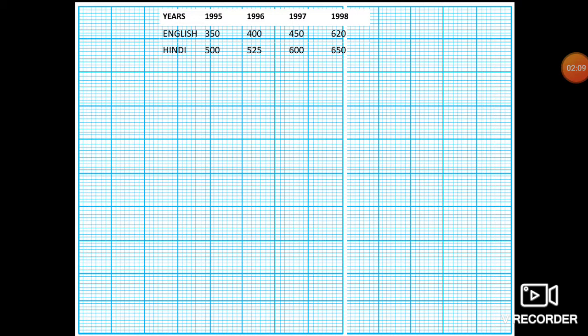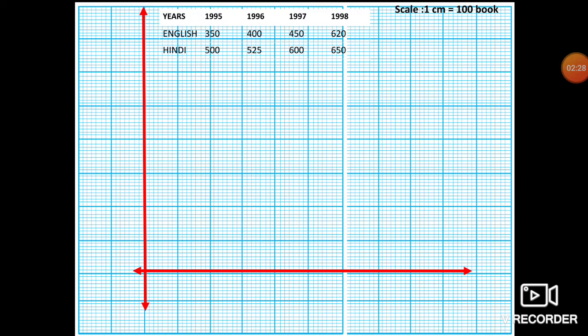Then we move to the construction of the double bar graph. Here you can see the table: years, English books and Hindi books. Two sets of data are here. First we draw a vertical line, then a horizontal line. Then here you see the numbers 350, 500, 525, 400 and so on. So we select the scale as 1 centimeter equal to 100 books.